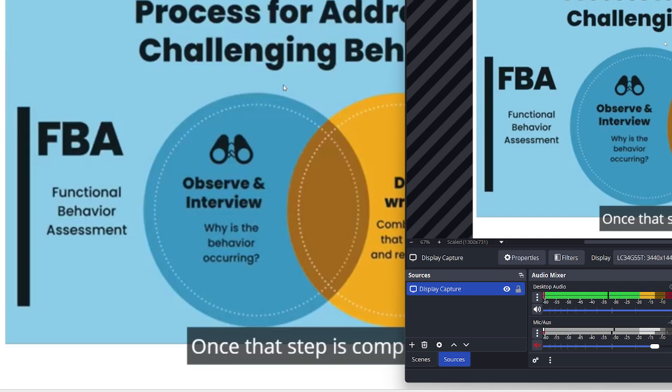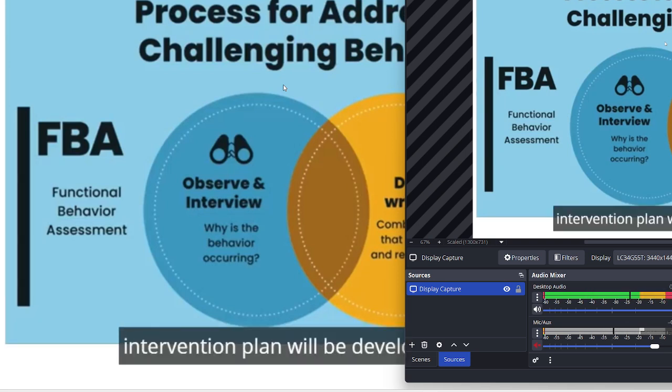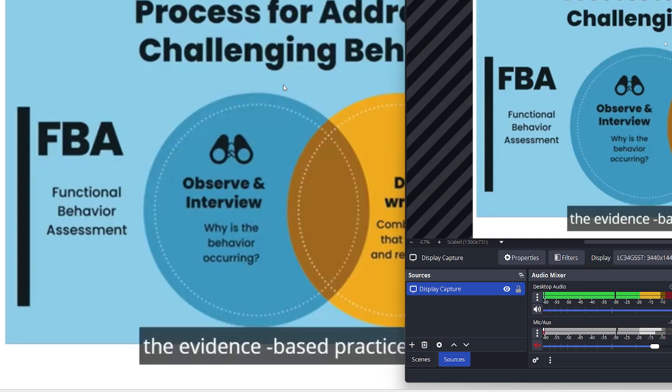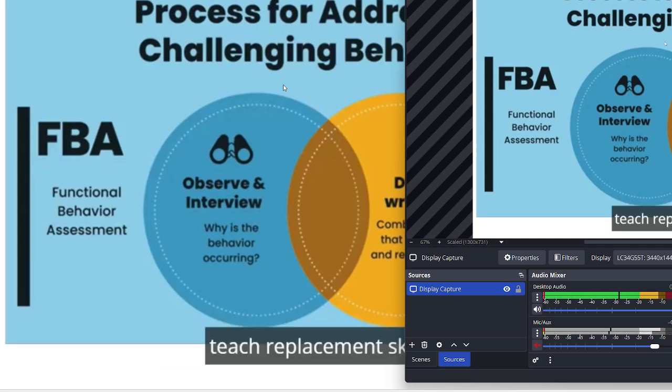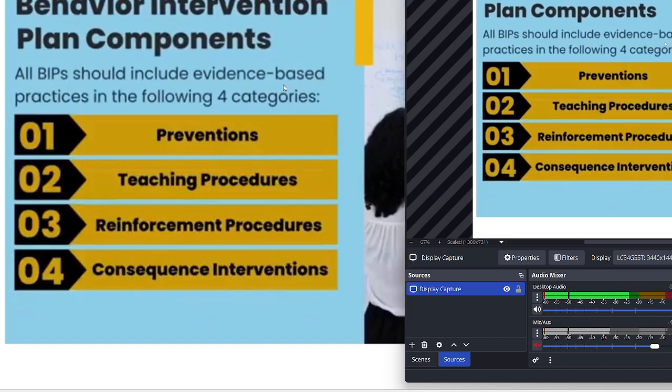Once that step is completed, then a function-based behavior intervention plan will be developed by your behavior consultant. This will include a combination of some of the evidence-based practice strategies that will hopefully prevent problem behavior, teach replacement skills, and reinforce behavior change.